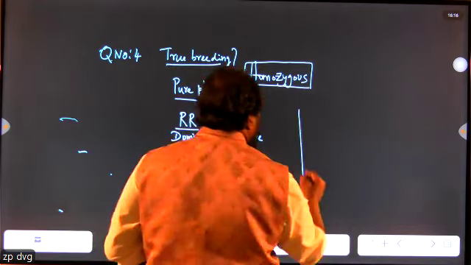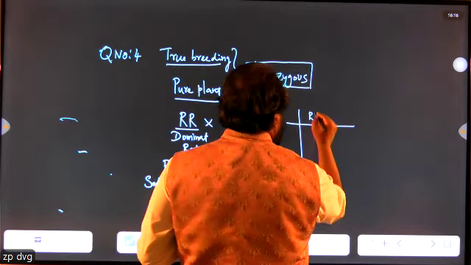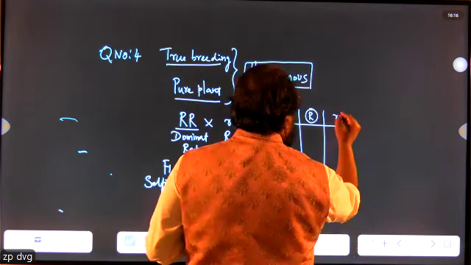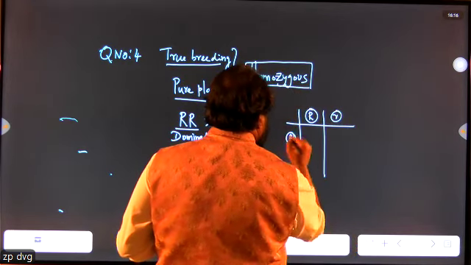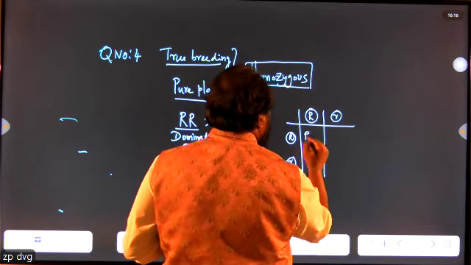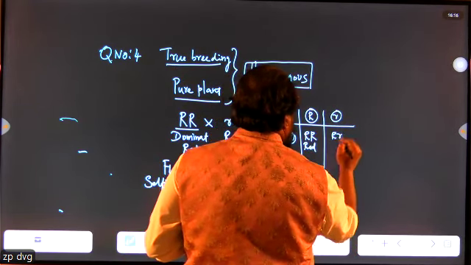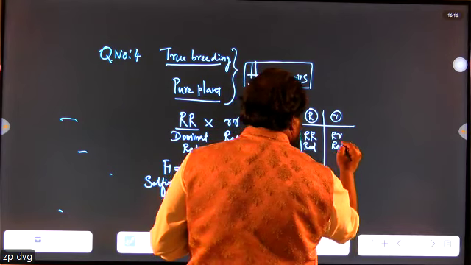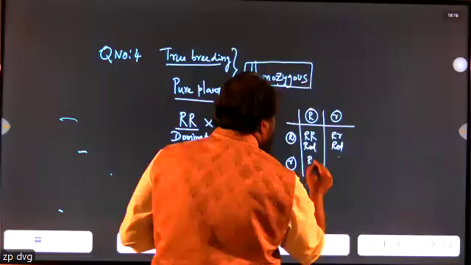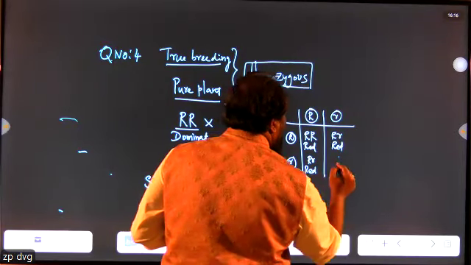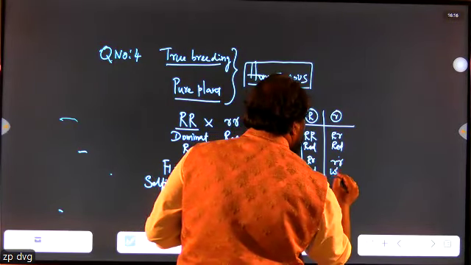Then if you do the Punnett square, you will get capital R capital R, which is red, capital R small r, which is red. This is not incomplete dominance. Capital R small r is red, and small r small r is white.